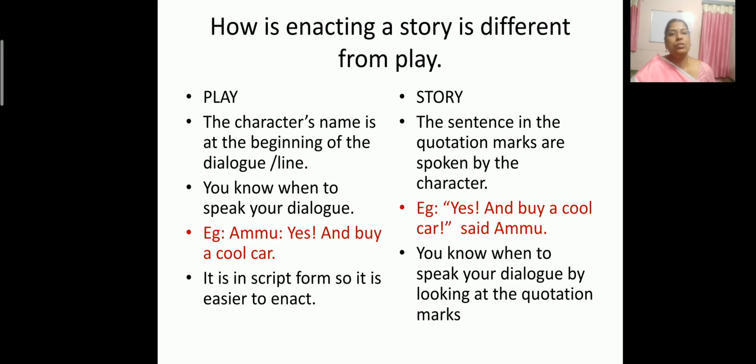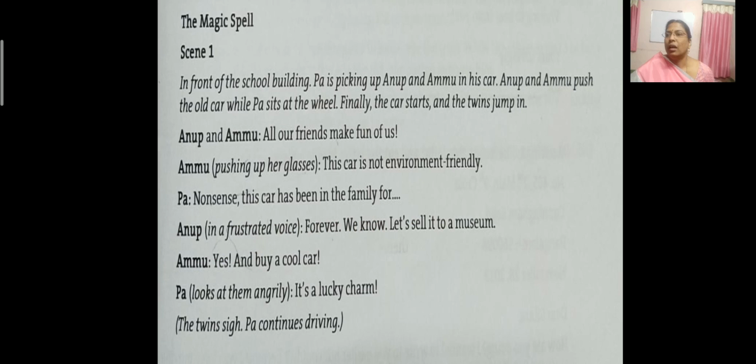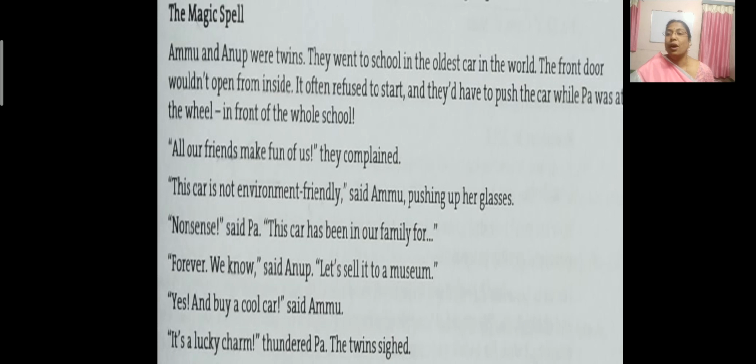Now coming to the story. The sentences in quotation marks are spoken by the character. Once again, we'll go back to the previous slide, children. Yes, here you can see "All our friends make fun of us." It is given in inverted commas, no? Quotation marks, no? "They complain." So in a story, you come across quotation marks, whereas in a play you will not have them.